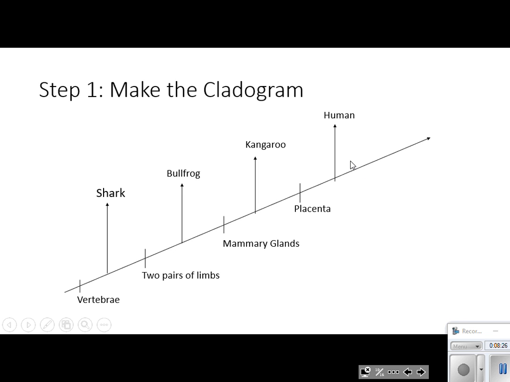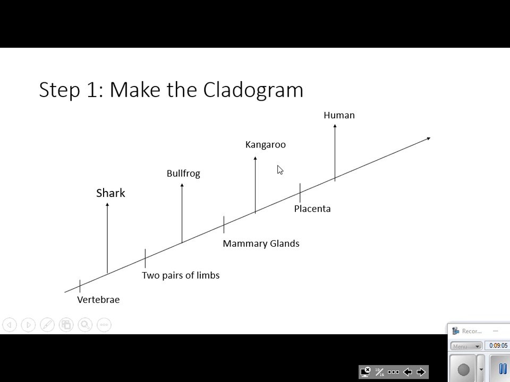Based on this cladogram, what is the most recent ancestor to the human? The kangaroo. If I'd ask you what is the most closely related organism on this cladogram to a human, you would say the kangaroo. What is the common ancestor of all of these organisms?